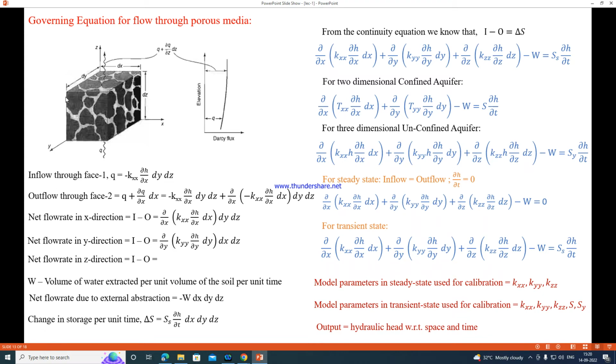Before knowing the Darcy law, you need to know Bernoulli's. While deriving the Bernoulli's equation, you consider pressure P coming inside, and P plus ∂p/∂x into dx going outside for the small representative elementary volume.